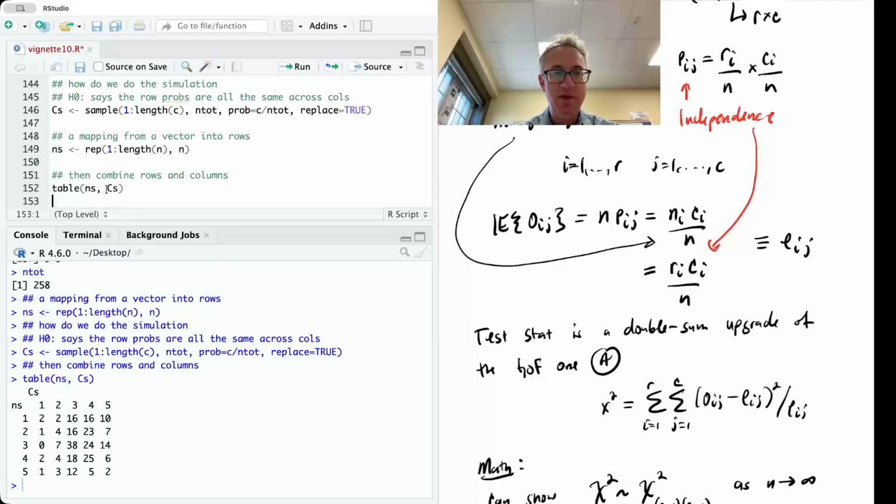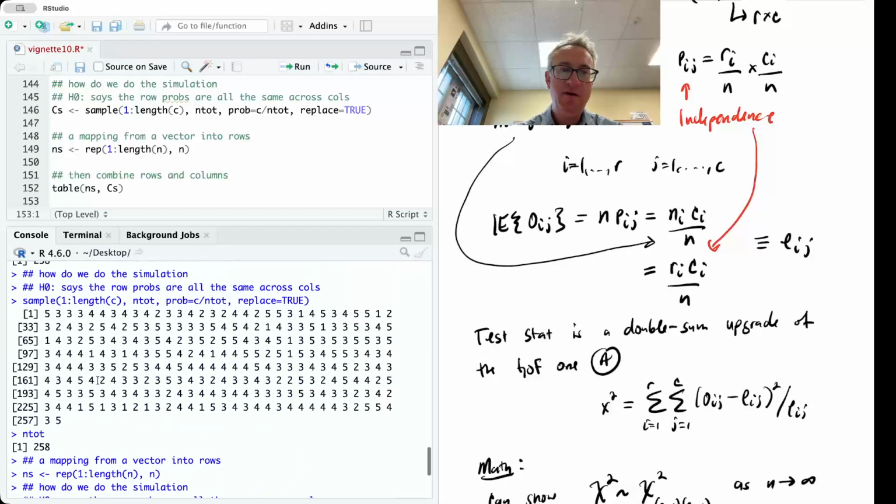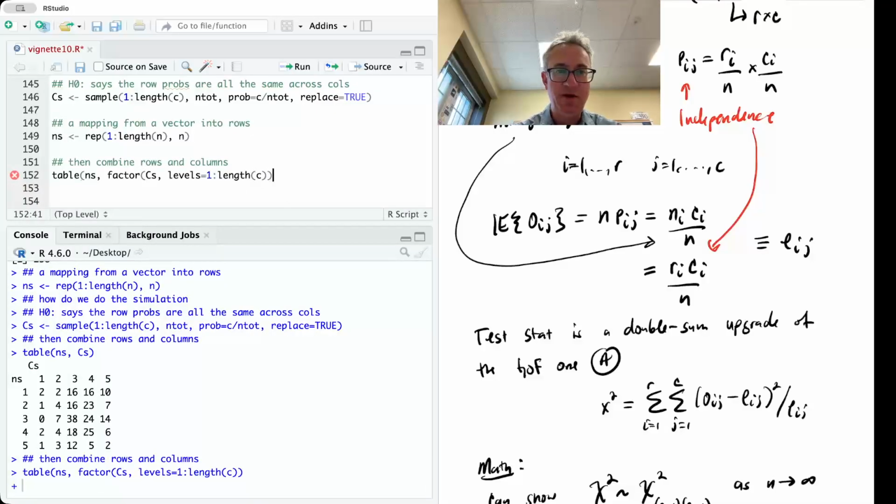If you want to be really careful, there's a possibility that when you do a sample like this, you never get any 3s, I just picked 3 arbitrarily, or that you never get any 5s. It's not going to happen usually, but it's possible, since you're doing things randomly, that you would miss some of the categories in your sample. If that happens, you can protect against that by doing factor and telling it that this sample is supposed to have levels that go 1 to the length of C. Okay, that doesn't change, oops, I'm missing a parenthesis.